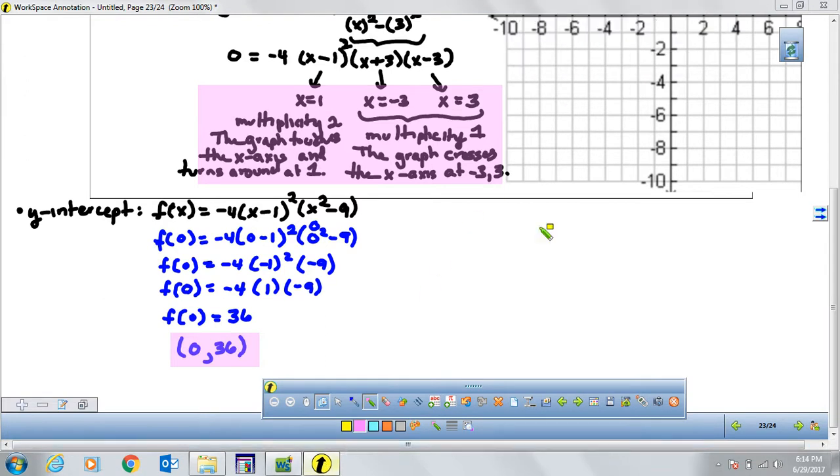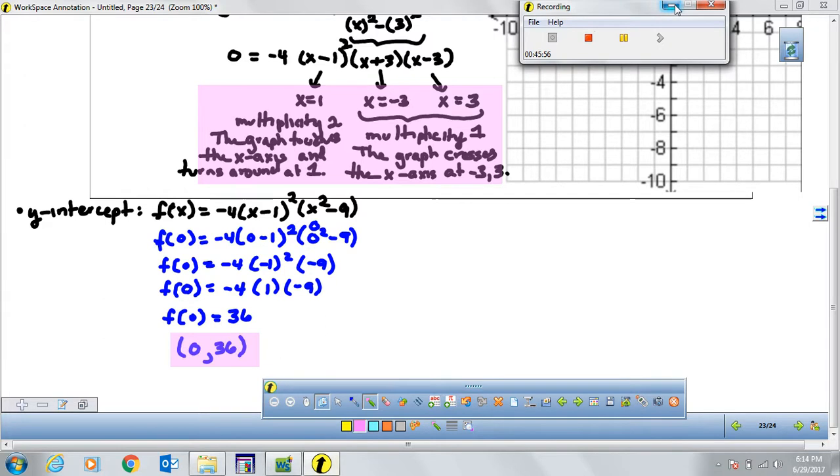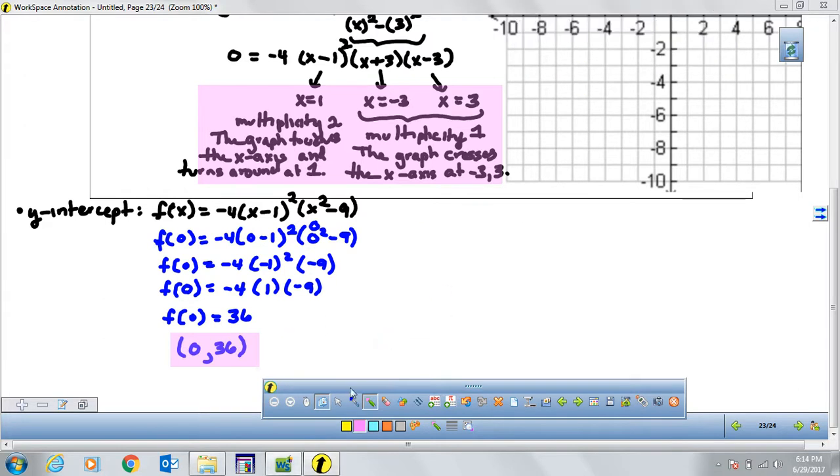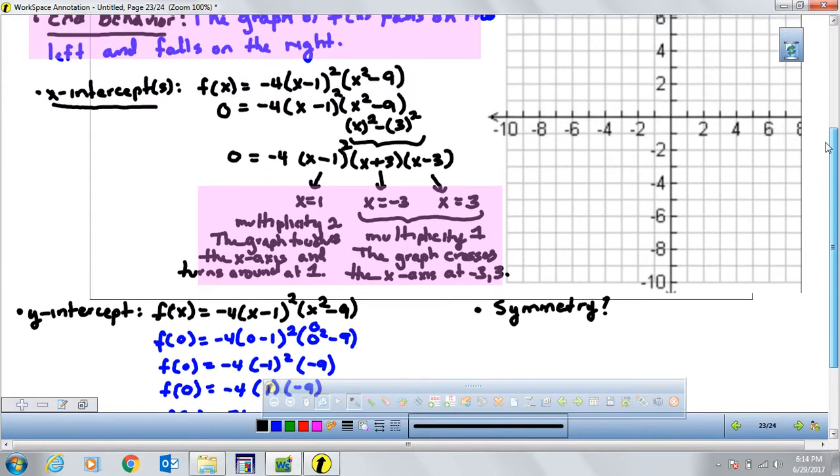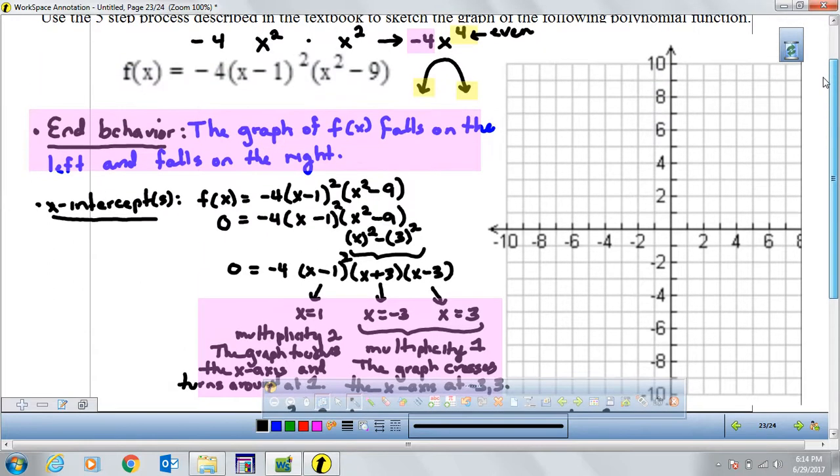Now, for the next item, we are going to be finding the symmetry. The symmetry in this function is going to be a little bit more difficult because this polynomial is in factored form.